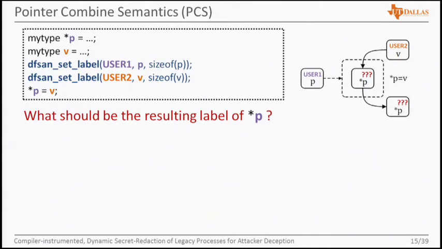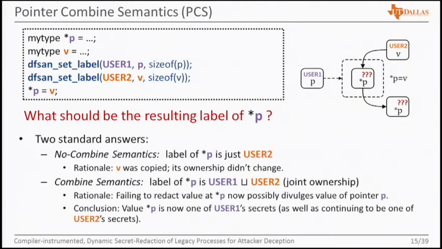And then we have this dereferencing assignment, star p equals v. So the question is, what should be the resulting label of the thing that pointer p points to? And to that question, there are two standard answers. The first one says that star p should just be labeled user2 because, after all, it points to data that belongs to user2.